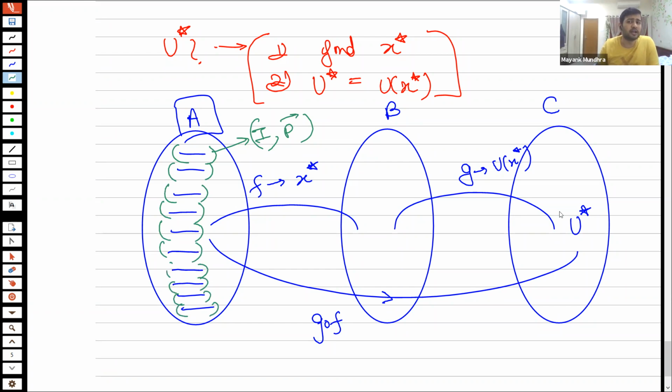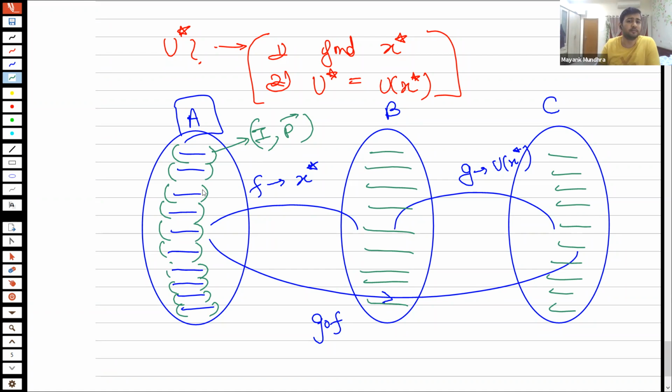So if somebody asks you to find the utility level for all these people, the conventional way that we did this time is you find the optimal bundle for each of these people, and then from the optimum bundle you find the optimal utility. But if you were able to find a function directly, which takes you from income and prices directly to the utility level, then you would save this 2-step process and convert it into a 1-step process.